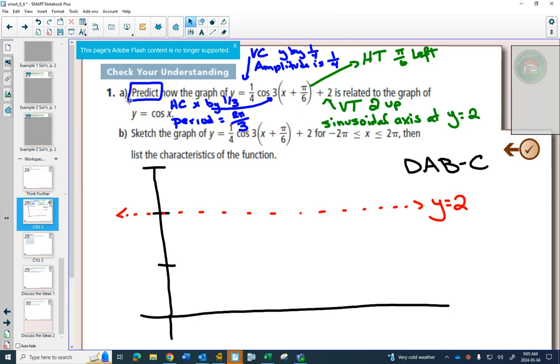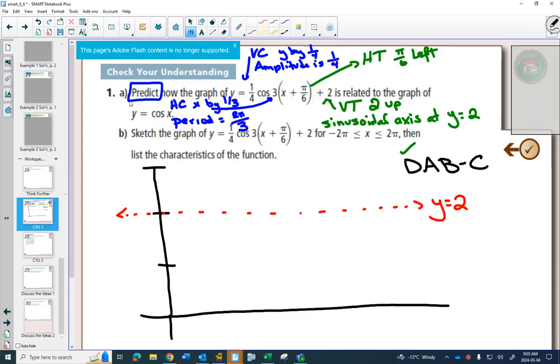And again, I did a little bit of cheating. I looked at my D and my A value to figure out what kind of scale I wanted. Notice I spaced things out quite a bit because of my A value. Check off D. We did our D value. All we had to do is draw our sinusoidal axis. Our A value is 1/4, which is 0.25.